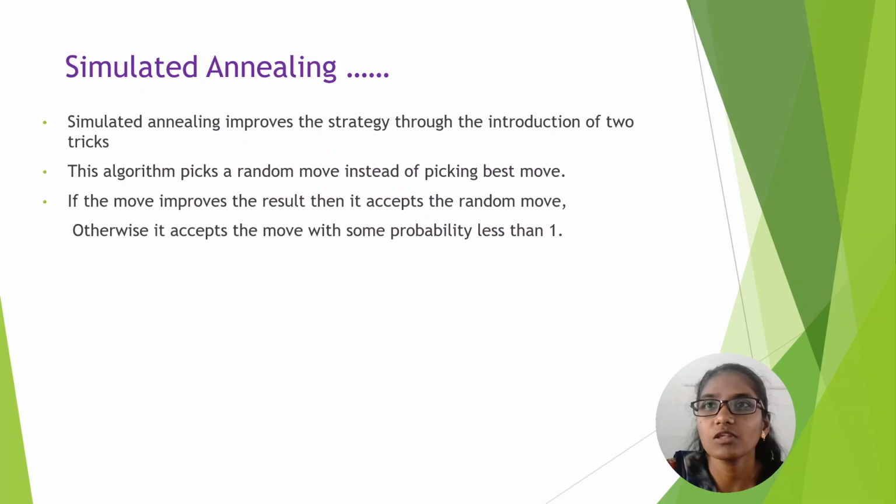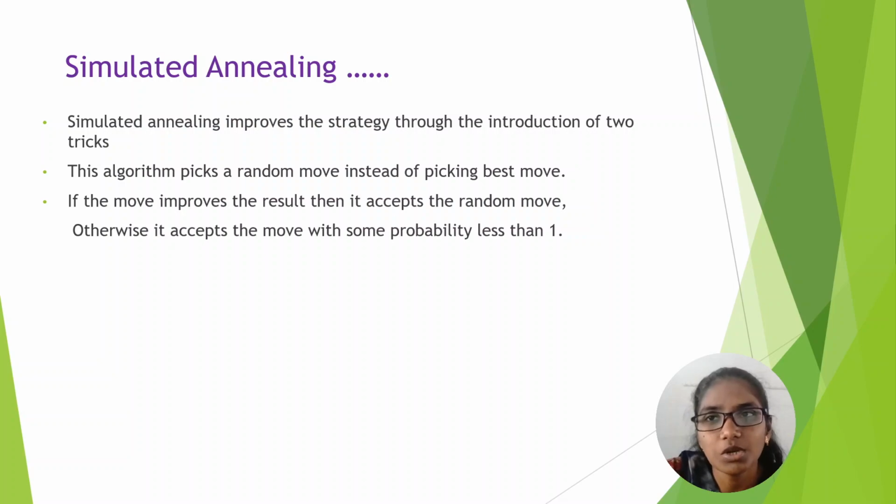Otherwise, it moves with some probability between 0 and 1. Here, the ping pong ball thrown into some deep curve is not the global minimum, so we reach the global minimum by shaking the ball or by other tricks.